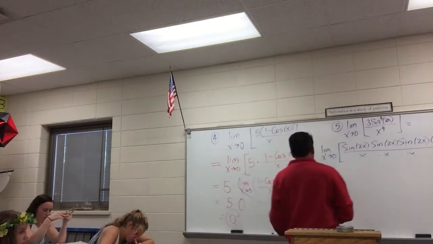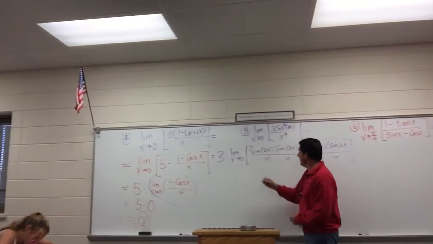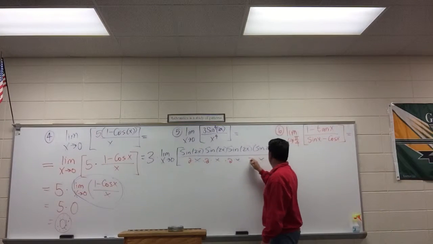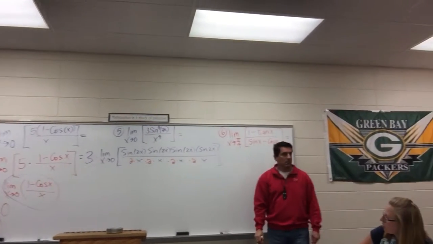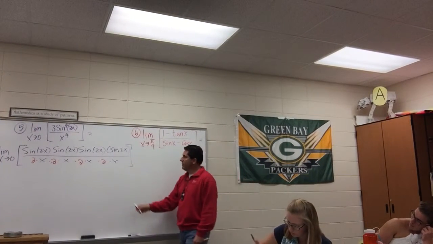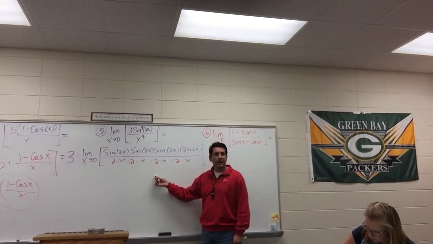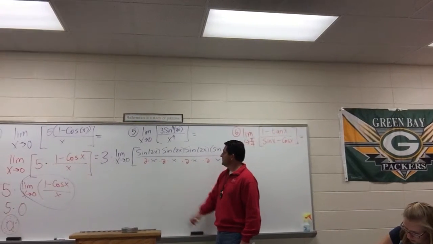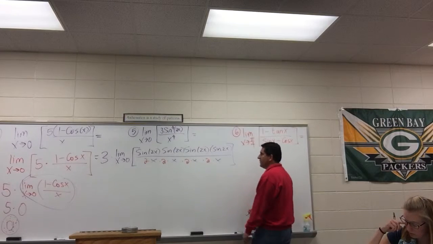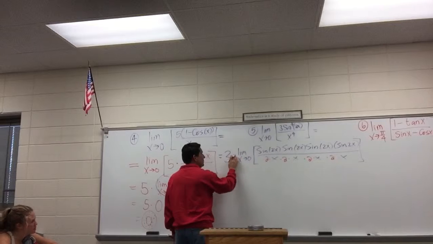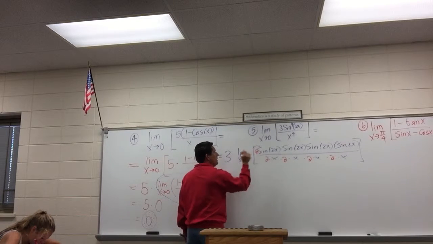Okay, so every one of these 2x's needs a partner. So I'm going to multiply 2 and 2 and 2 and 2. If I just do this, I've changed the problem. So in order to not change the problem, 2, 4, 8, 16, I can multiply the numerator by 16 here.